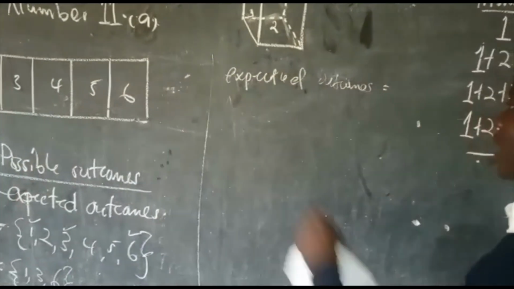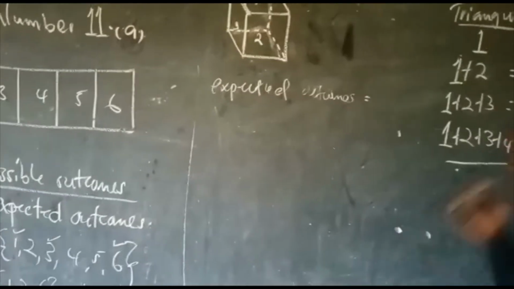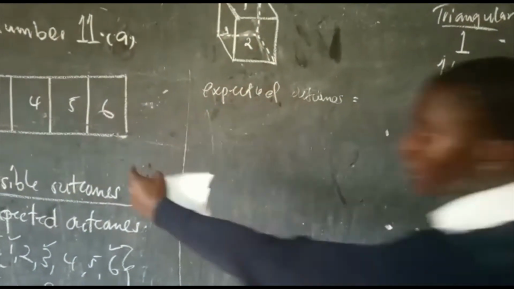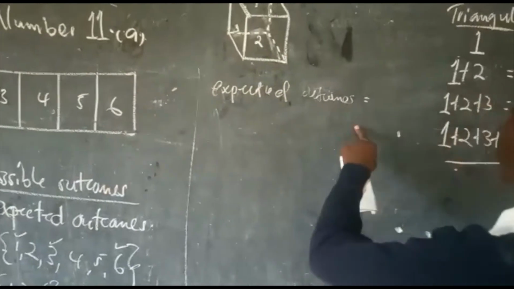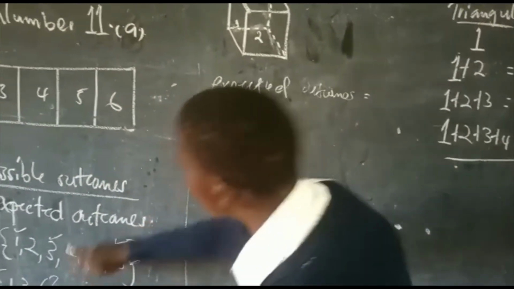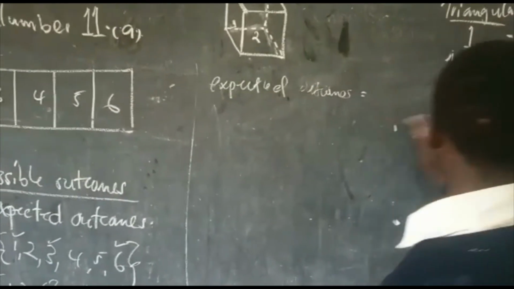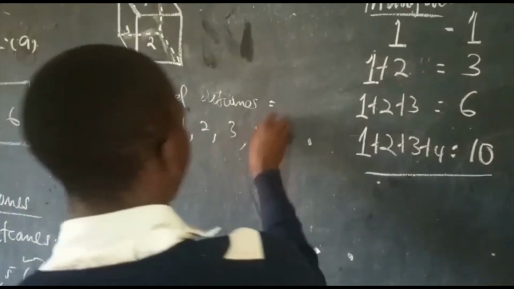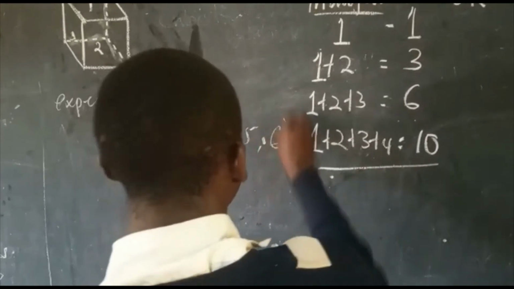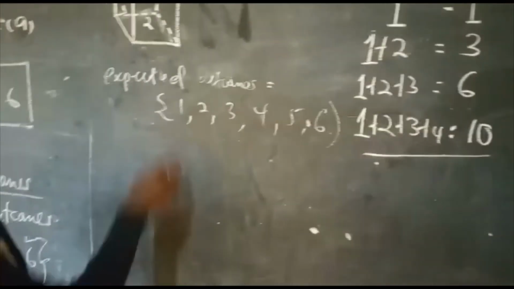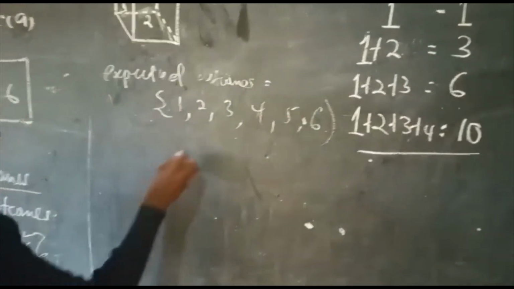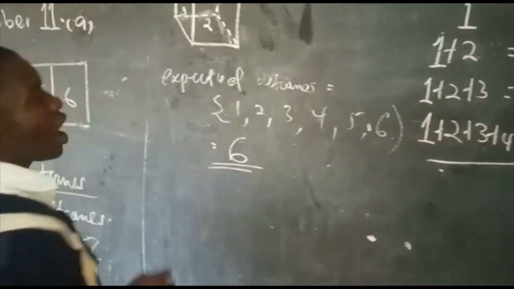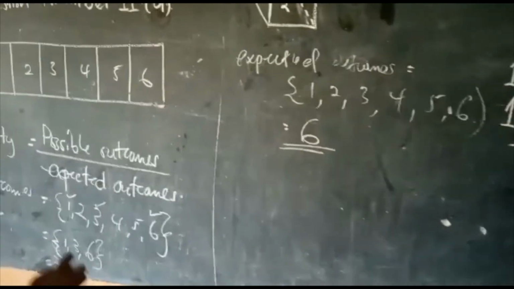So what I'm expecting the dice to give me is any of the 6 numbers. The expected outcomes are this major bracket, the original bracket, having 1, 2, 3, 4, 5, and 6. If I count these numbers, I'm having 6 of them. So 6 will be our expected outcome.